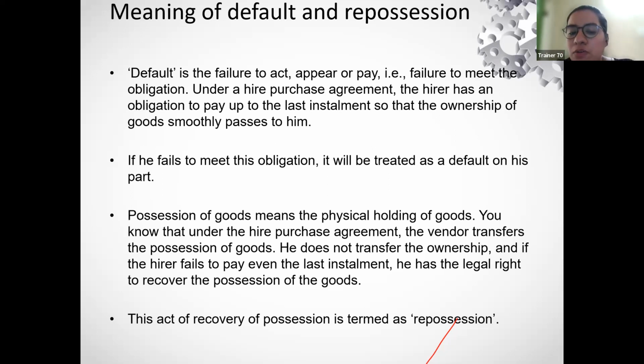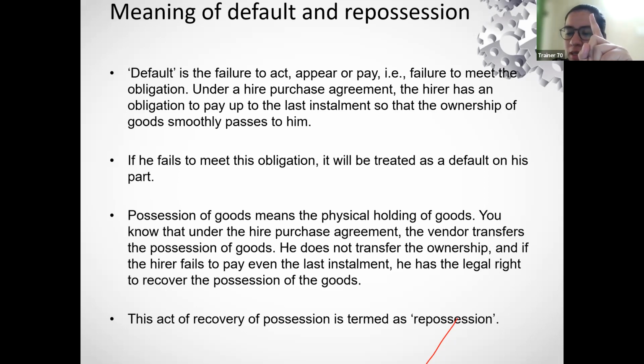Now, possession of goods means physical holding of goods. Okay, the machinery is lying in my factory, so I am the possessor. It is under my possession. You know that under a hire purchase agreement, the vendor transfers the possession, but he doesn't transfer the ownership. And if the hirer fails to pay even the last installment, he has paid all the installments, only the last installment was pending, even that is not paid, he has the legal right to recover the possession of the goods.